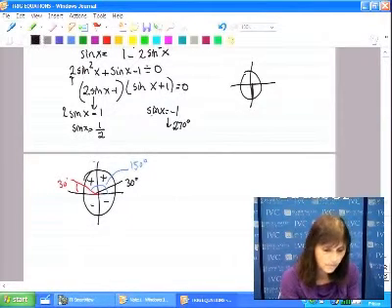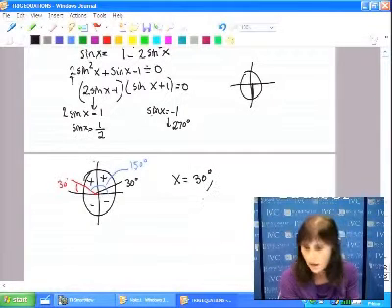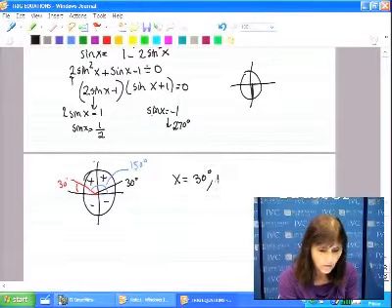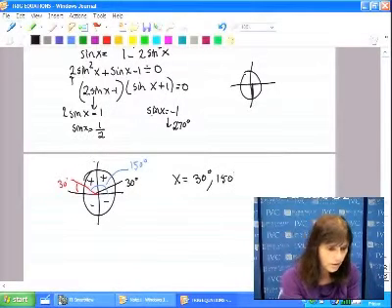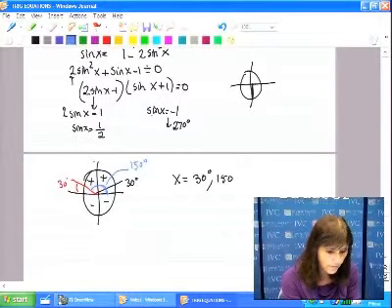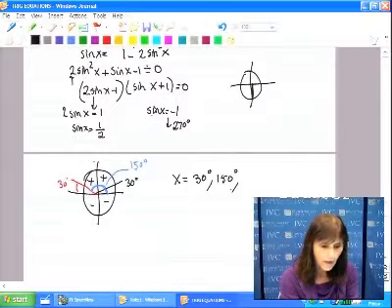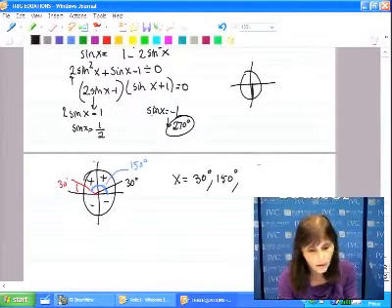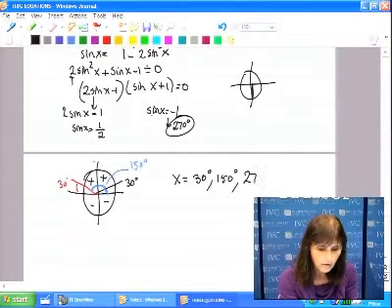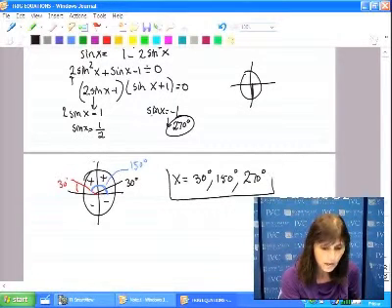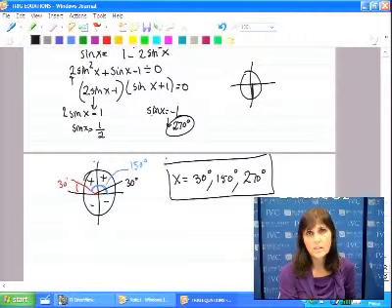What's the answer? I have 30 degrees, from here the red one, 150 degrees, the blue one, and I have this one from the other part of the factor, 270. And there is no other answer because I want to stay within 360.